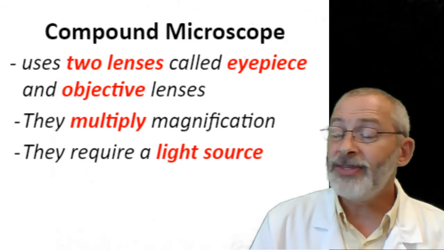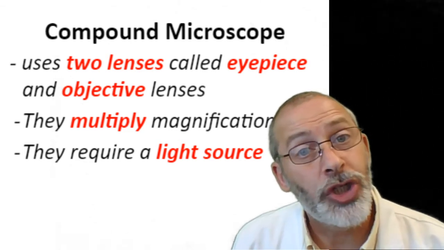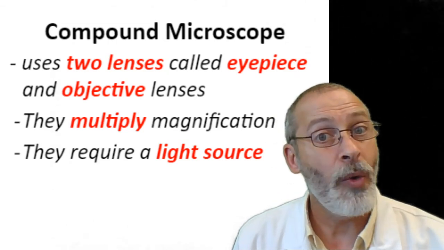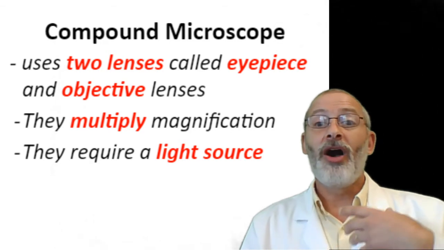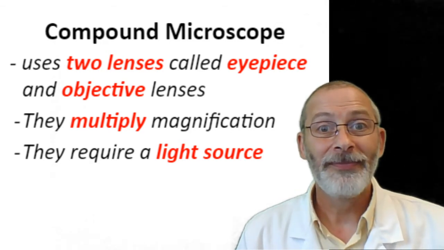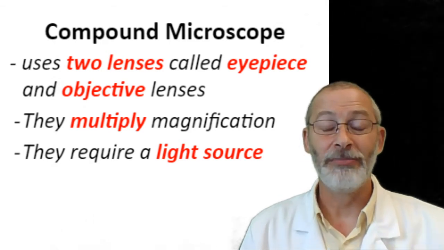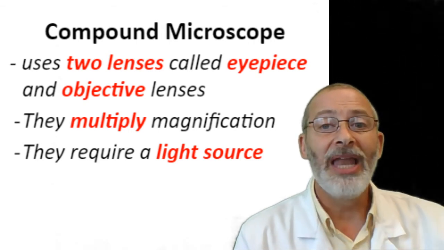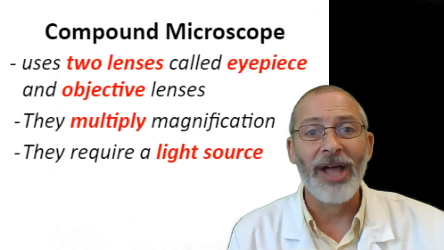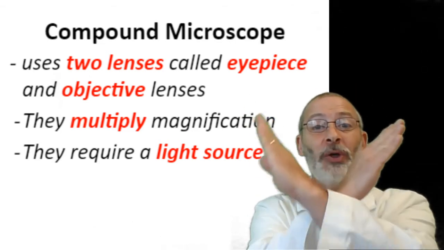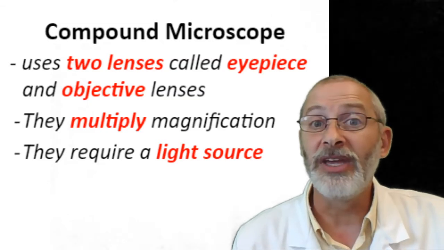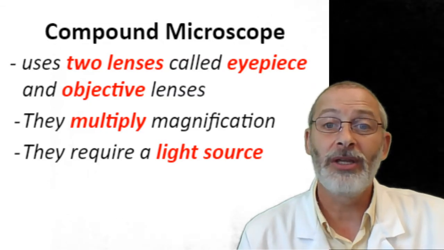And these two lenses, with their different curvatures and their different magnifying powers, are multiplied together. The power of the eyepiece lens and the objective lens are multiplied together to determine the overall magnification of that particular microscope.